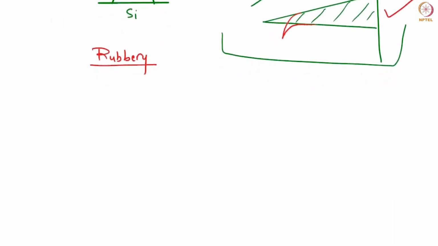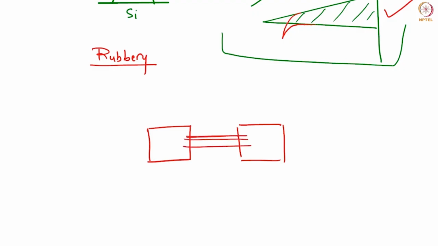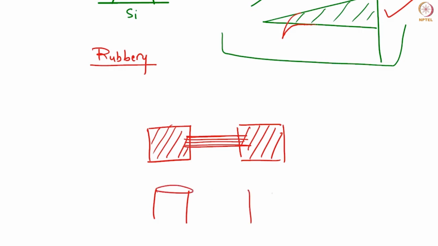You can also make structures where, for example, I make two pillars of polymer. And then on top of these pillars, I place another structure, either a thick fiber or a ribbon-like structure. Now what will happen? So this is the top view, and this will be the side view. You have two pillars, something connecting them.